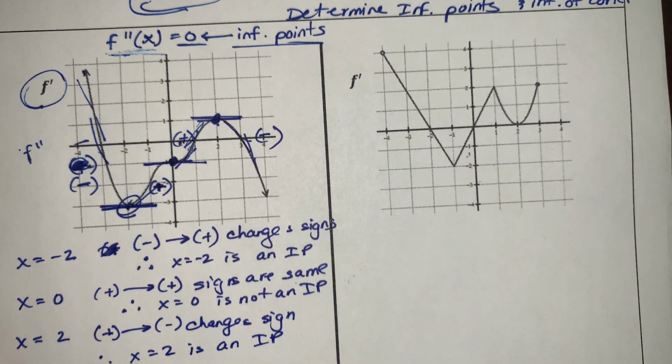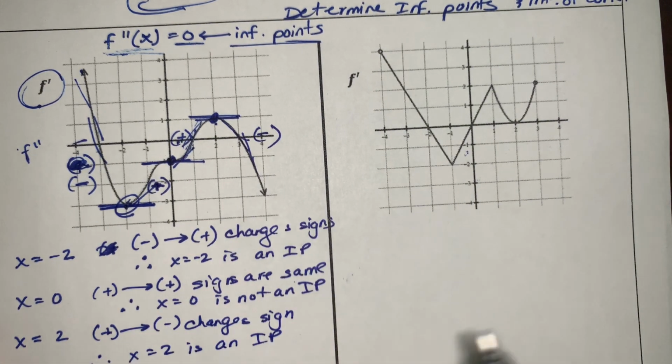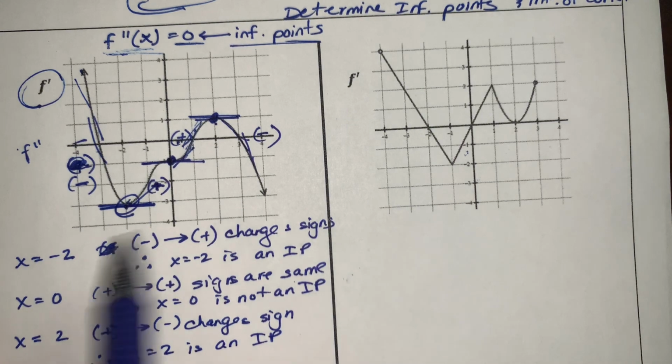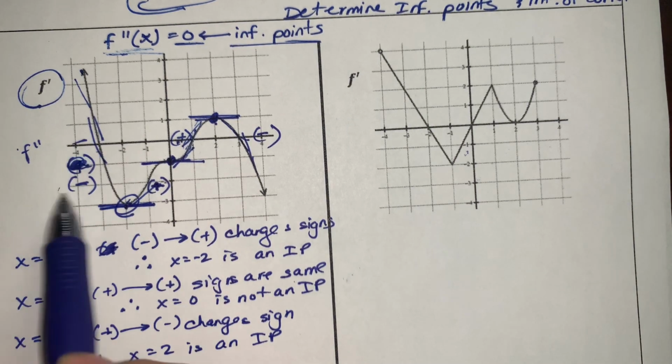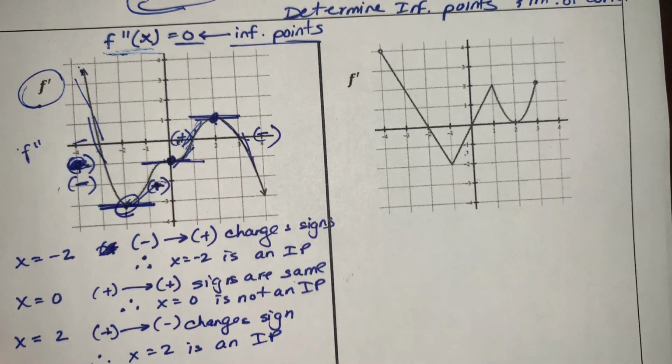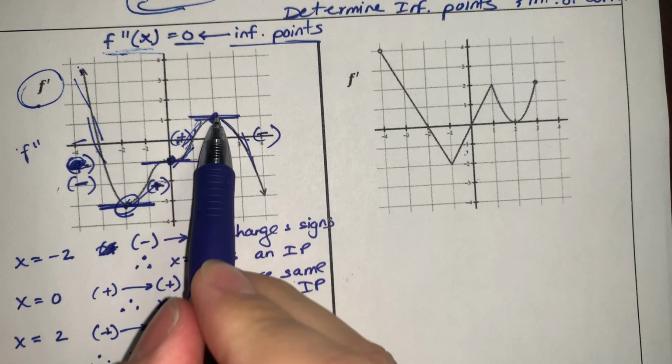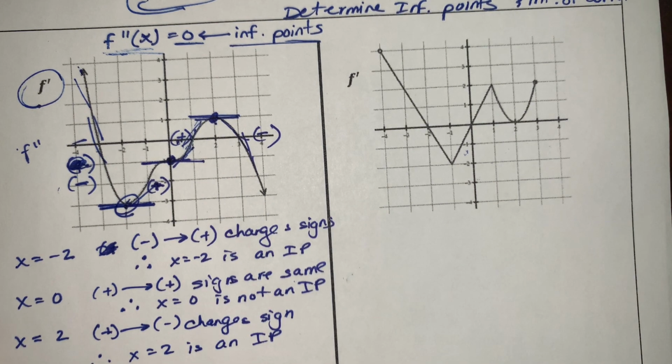Now, if we want to know the intervals where it's concave up and concave down, from negative infinity to -2, we know that it's concave down. Oh, I should have also said, and from 2 to infinity, that's concave down.